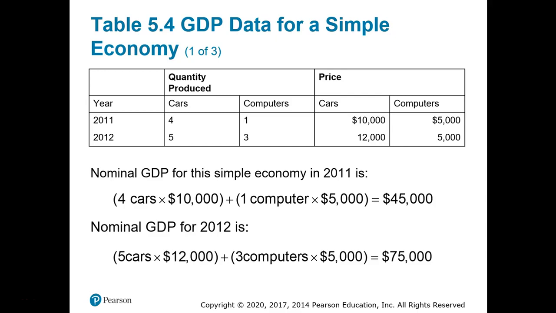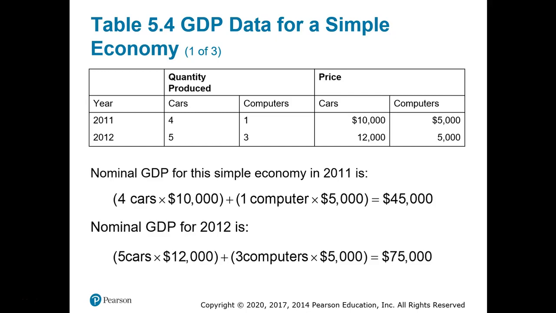Well, 5 times 12 is 75,000, but 4 times 12 is 48,000 plus 1 computer, that's only 53. We still grew if we use price-wise.